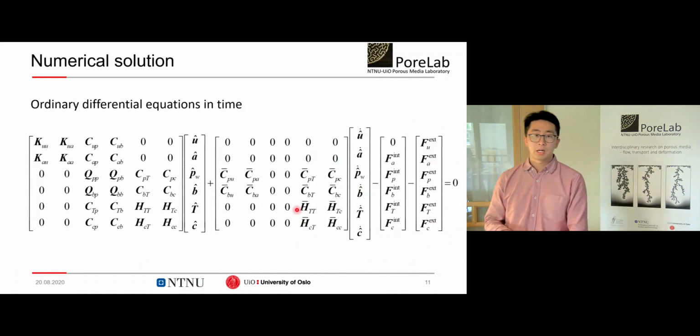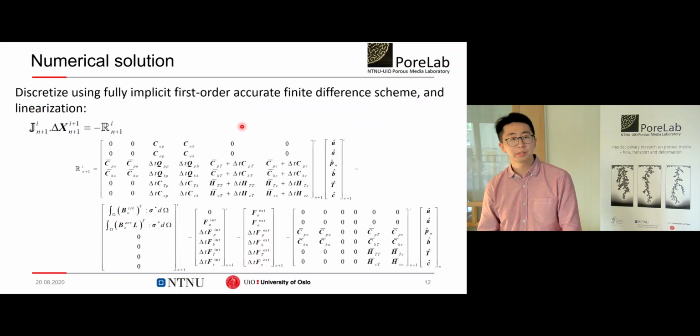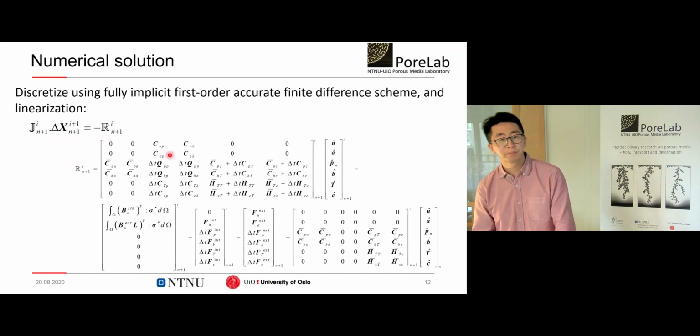Then after we carry out this discretization, we can assemble all these equations into a big matrix, which is a system of ordinary differential equations in time. Then we can discretize it using a fully implicit first-order accurate finite difference scheme and linearize it. Then we get a linear approximation here, and this is the residual vector.